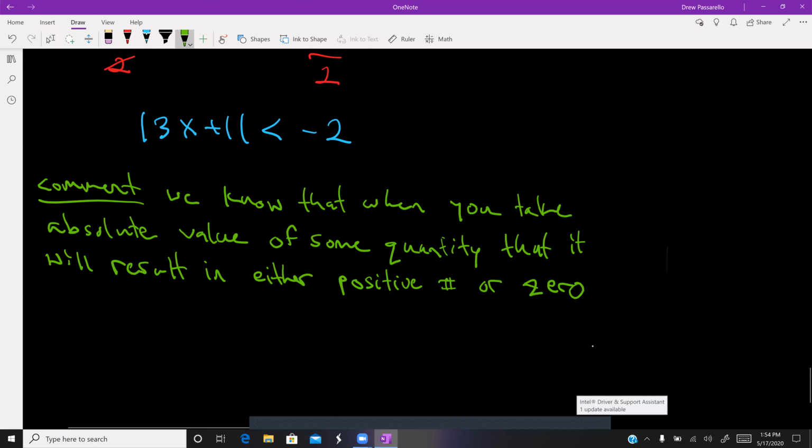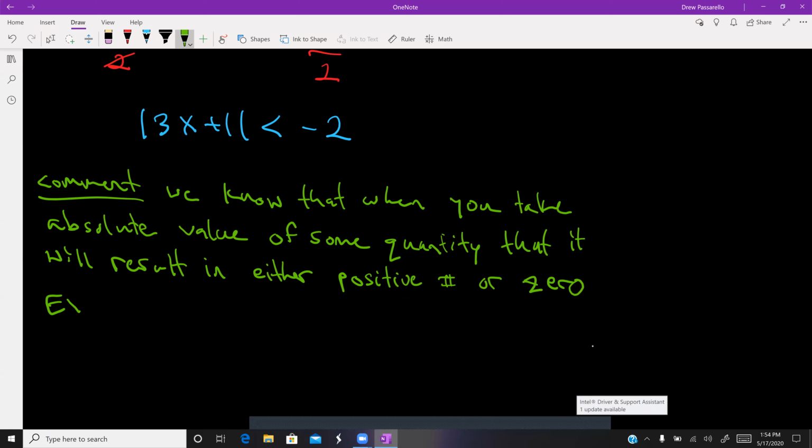For example, if we had the absolute value of negative 3, we know that turned into positive 3. All right, it turns into positive.